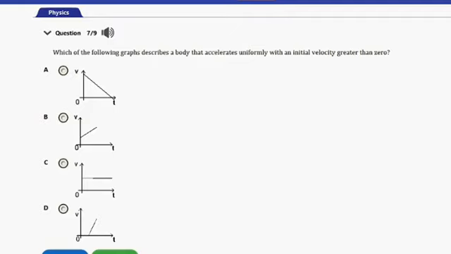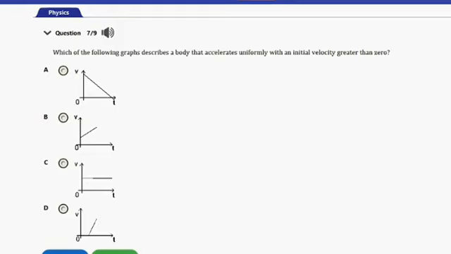So guys, we have different graphs here, but option B is the graph that best illustrates a body accelerating uniformly with an initial velocity greater than 0. Let's take note that a body accelerating uniformly with an initial velocity greater than 0 means that a change in velocity leads to a change in time, and there is an initial velocity here.